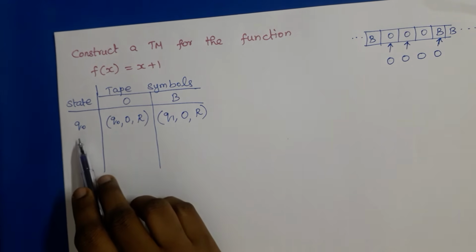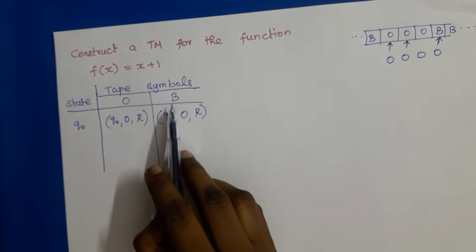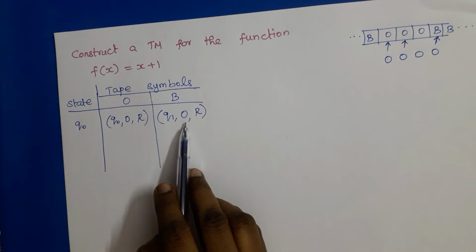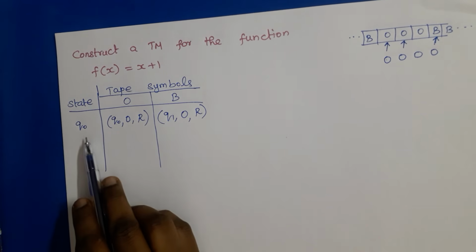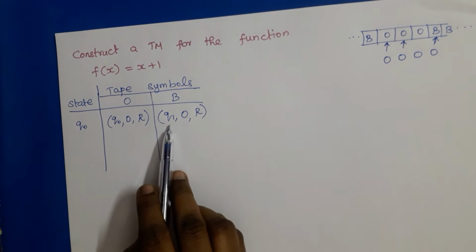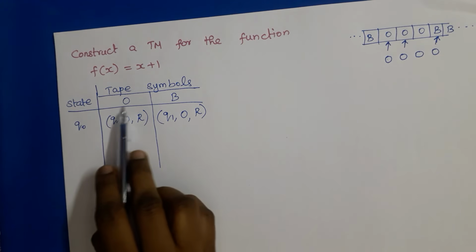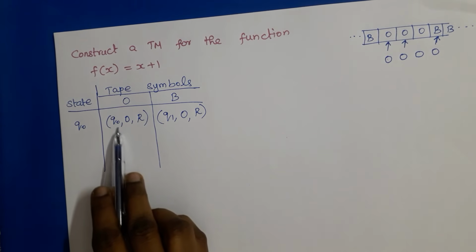The meaning is it will enter into an infinite loop and continuously keep on replacing all blanks by 0. So if we want to do one operation, one symbol change, definitely we need to change our state to the next state. If we want to do something continuously, don't change our state.